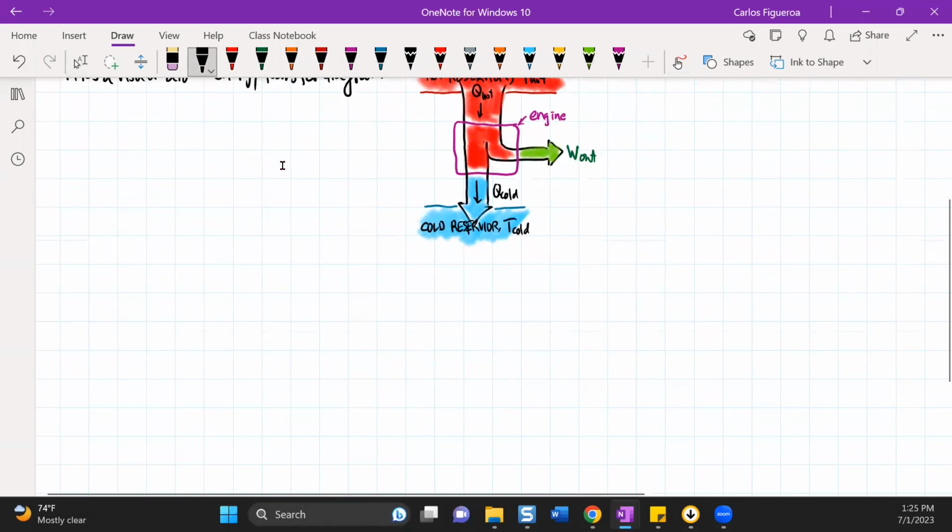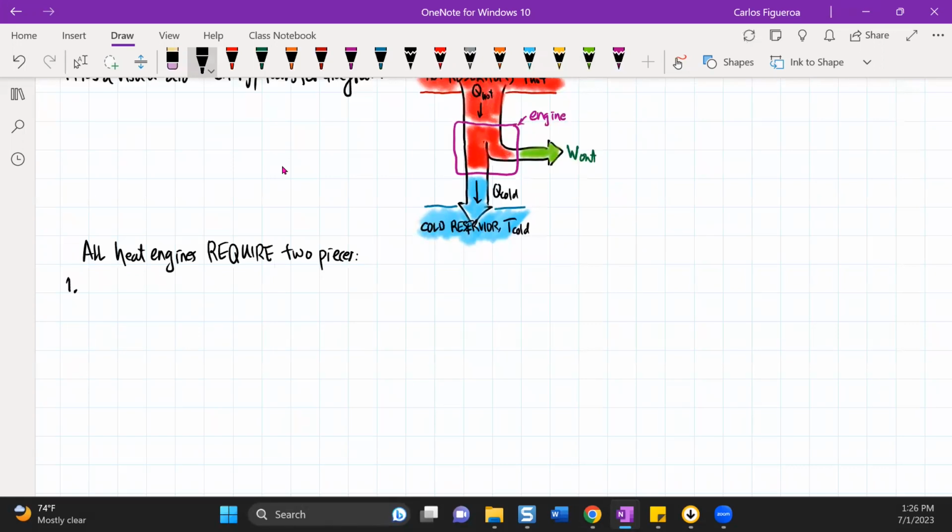Now, what you're seeing here, all heat engines have the same two requirements. All heat engines require two parts.